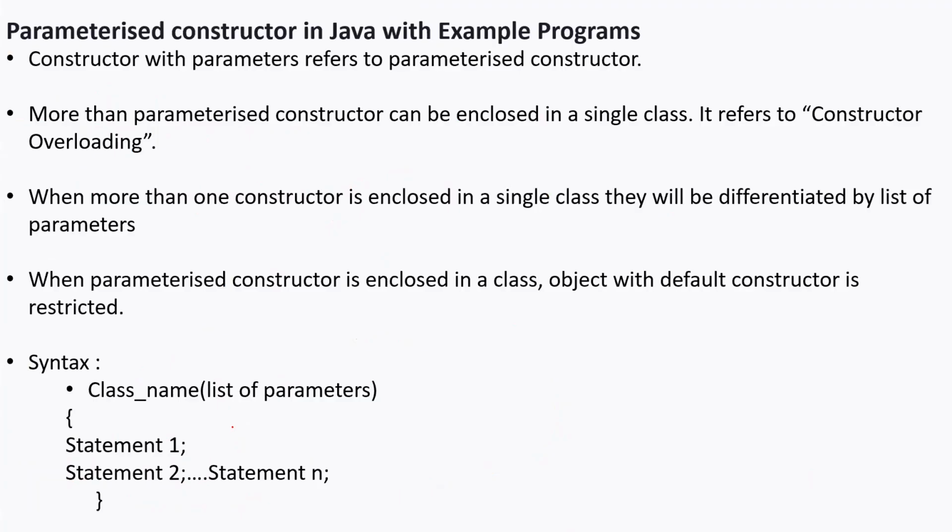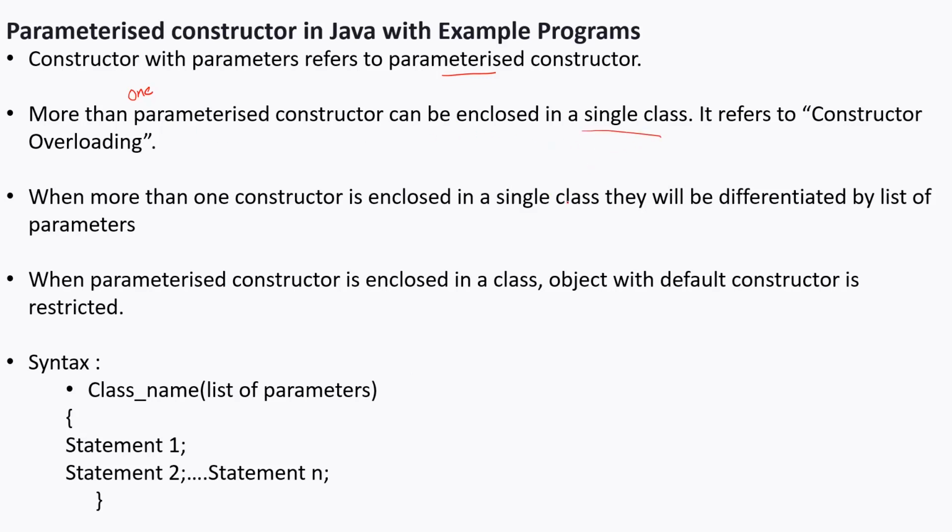Now we'll start with the next concept, that is the parameterized constructor. The name itself suggests a constructor with parameters refers to the parameterized constructor. More than one parameterized constructor can be enclosed in a single class.